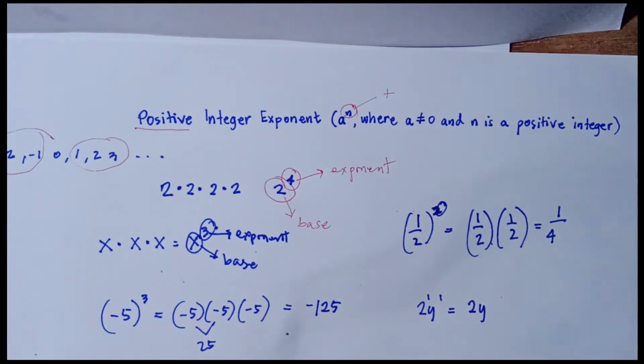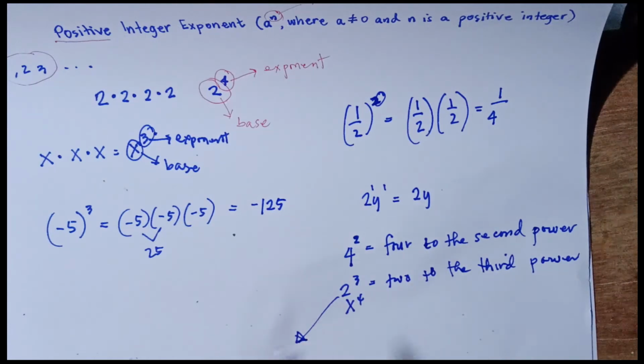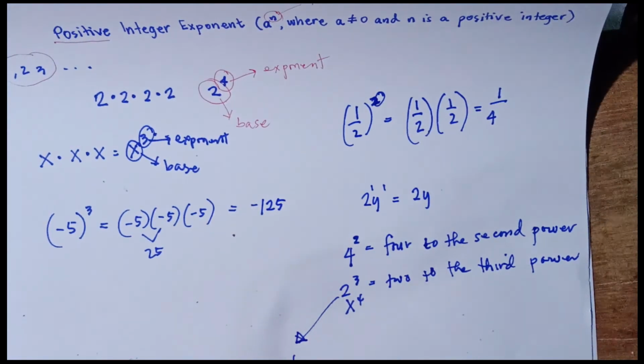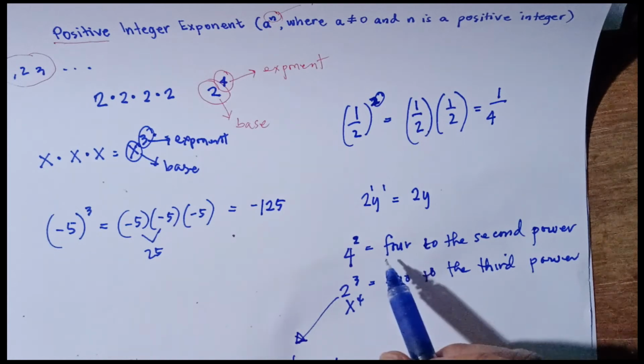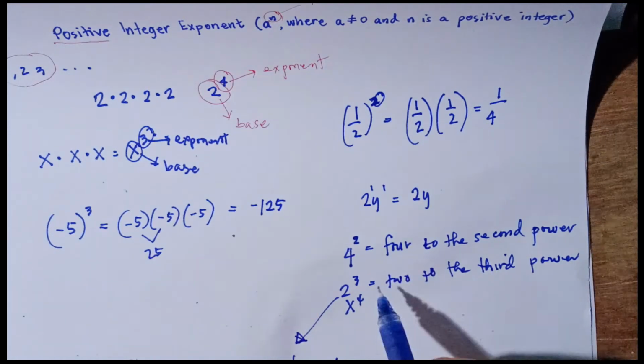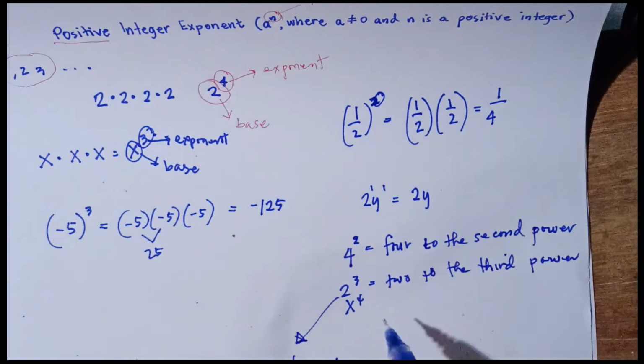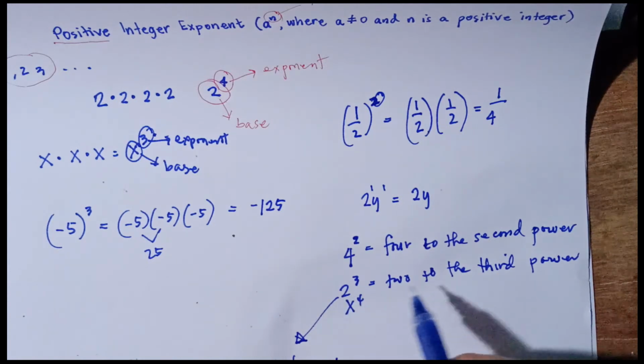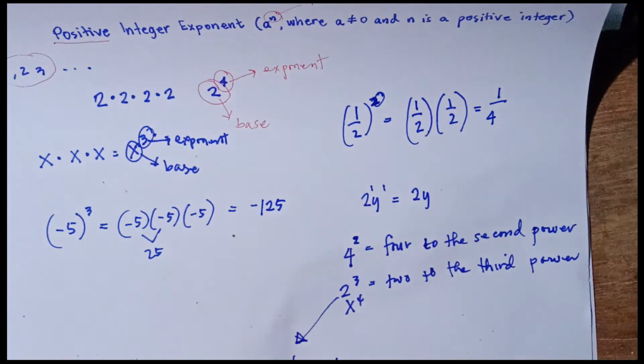For example, 2 cubed. It depends on your teacher or your professor how they use this. It can be read as 4 to the second power, or 4 squared, or 2 to the third power, or 2 cubed.